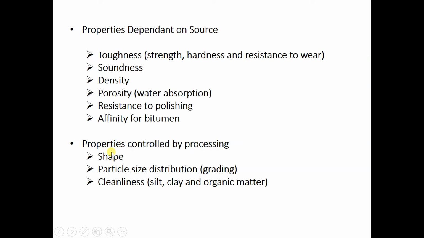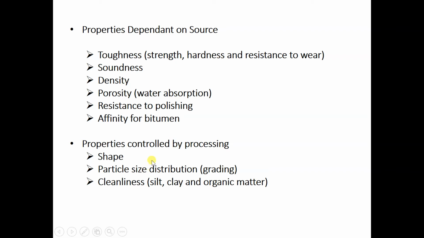Secondly, properties controlled by processing: the shape, since crushing can produce different types of shapes. The particle size distribution: the stockpile of aggregates has a certain particle size distribution, and it may not be the same as the one specified by the project.